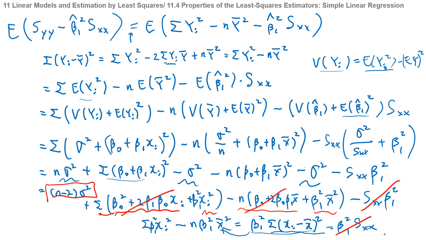So this is the proof that the expected value of SSE is n minus 2 times sigma square. So the expected value of S square is sigma square. So you can prove that.